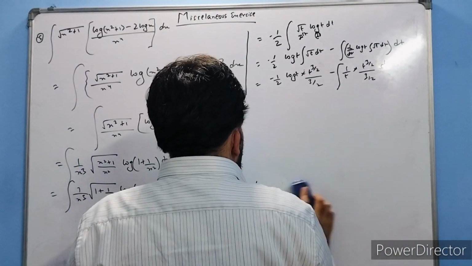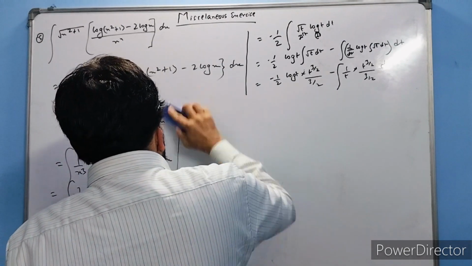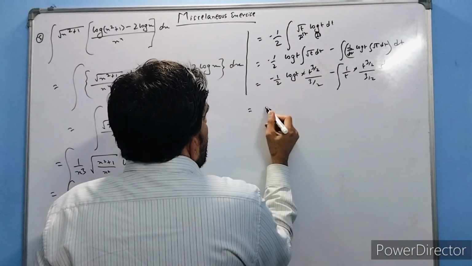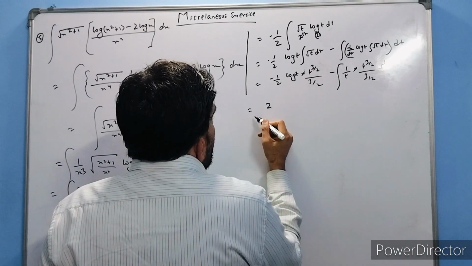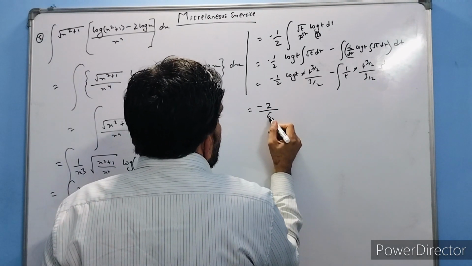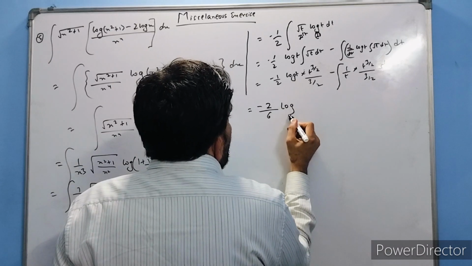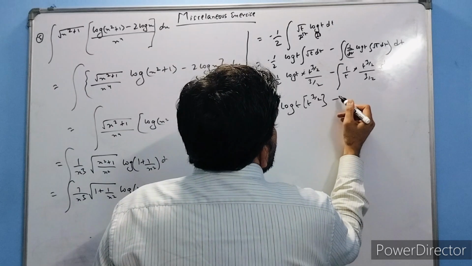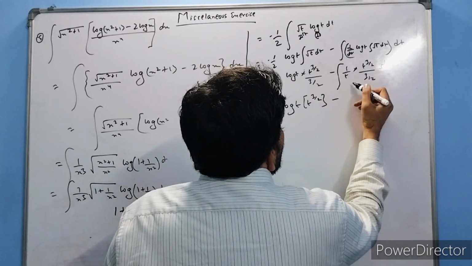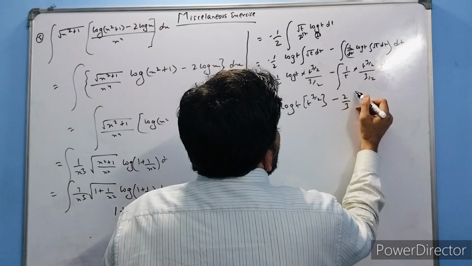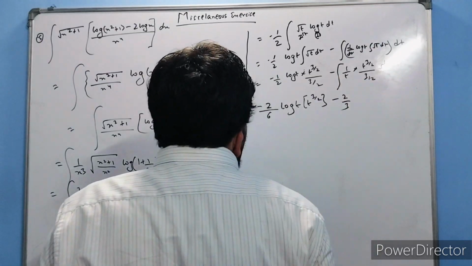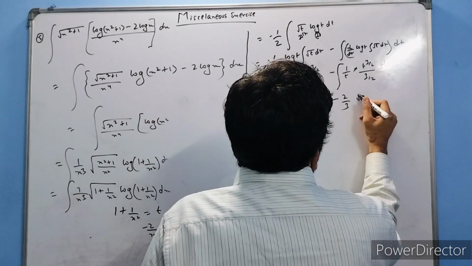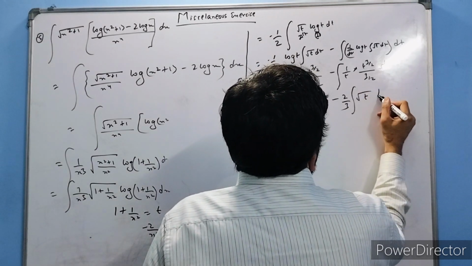Now what I got here is minus 2 upon 6, we have log t power 3 by 2 minus, what we can do, if I reduce this 1, 2 upon 3, so 3 by 2 minus 1, it will be half, so root t dt.